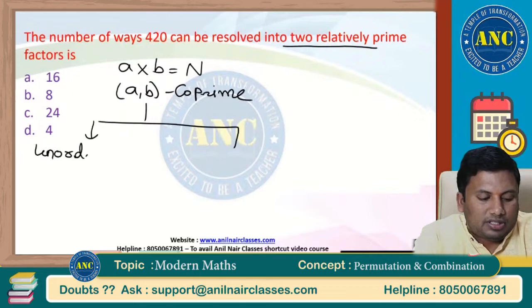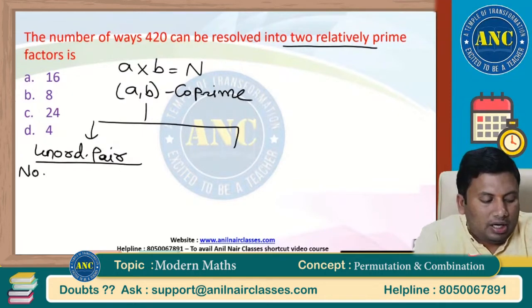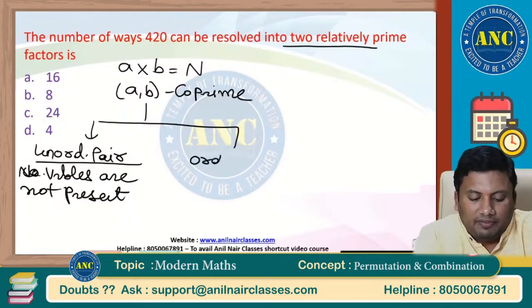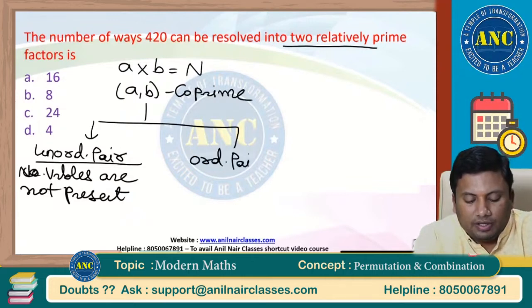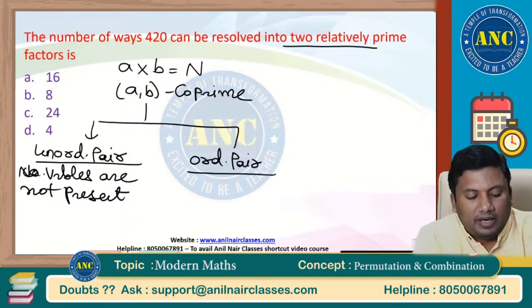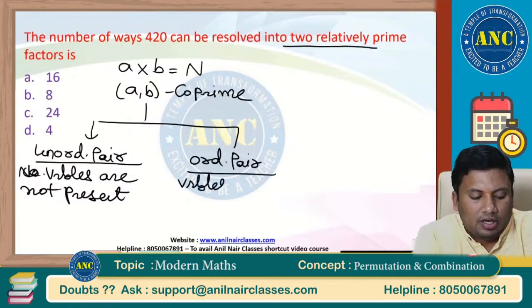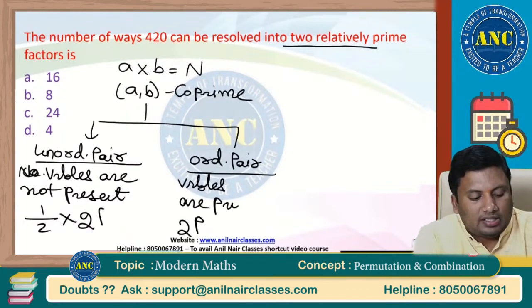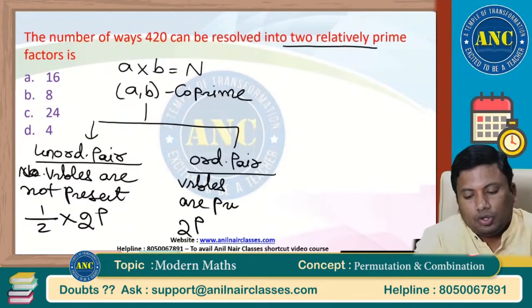If the variables are not present in the question, it is an unordered pair. If the variables are present in the question, then it is an ordered pair. Ordered pair answer is 2 power p. Unordered pair answer is 1 by 2 into 2 power p.